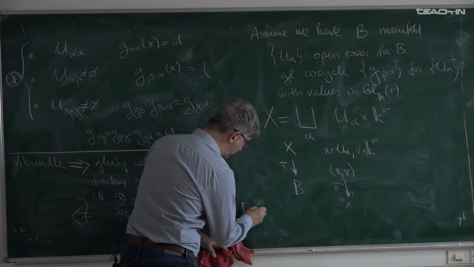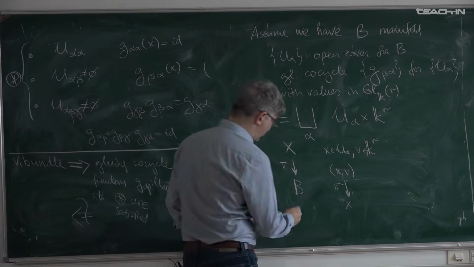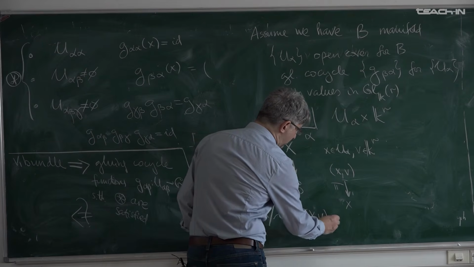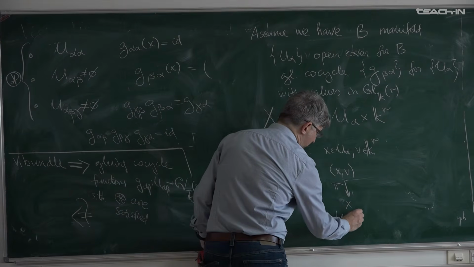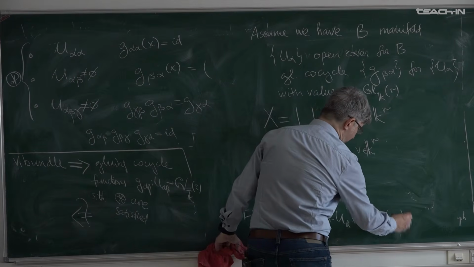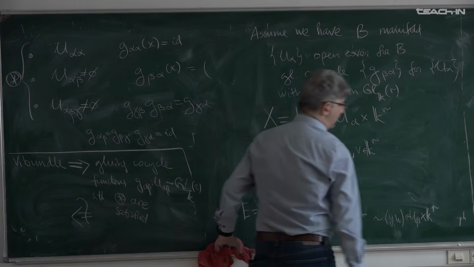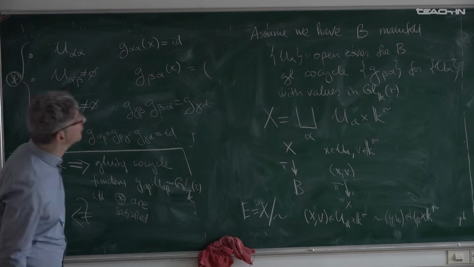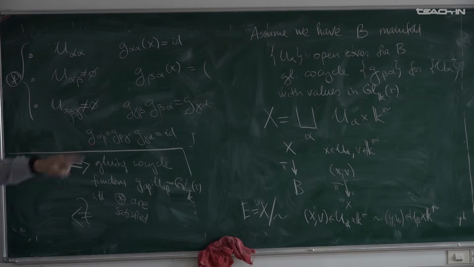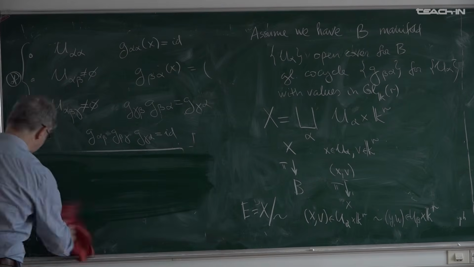We say that E is X quotient by an equivalence relation, given in the following way: (x, v), which belongs to U_alpha cross k^r, is equivalent to the point (y, w), which belongs to U_beta cross k^r, if and only if. I should erase somewhere to write this.